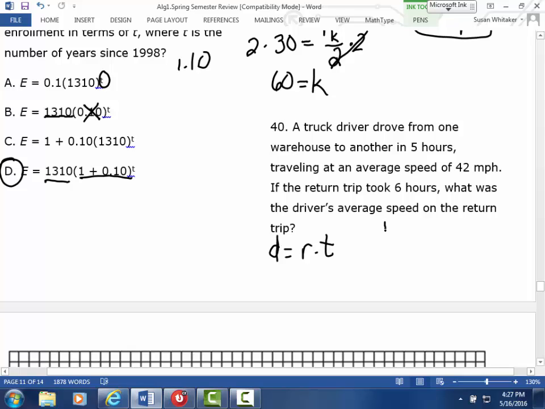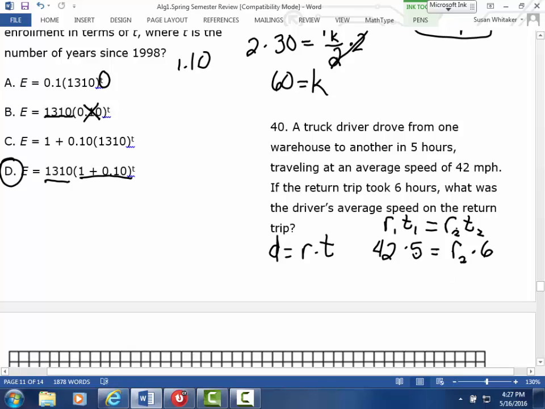So my first trip, we'll call that R1 and T1, would be equal to R2 and T2 because they'd be the same distance. Okay, so the first rate was 42 and the time was 5. And rate 2 I don't know, but the time was 6.